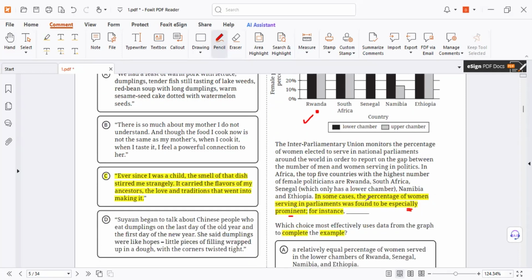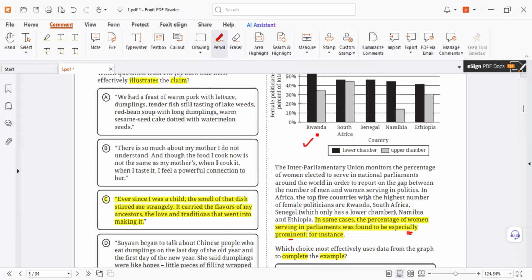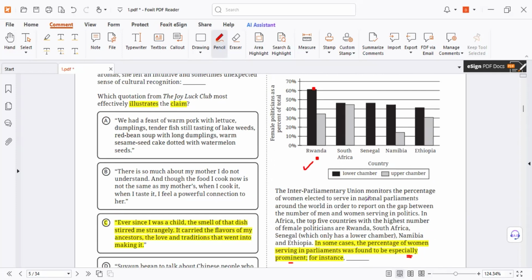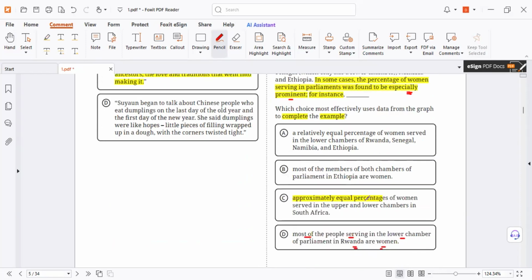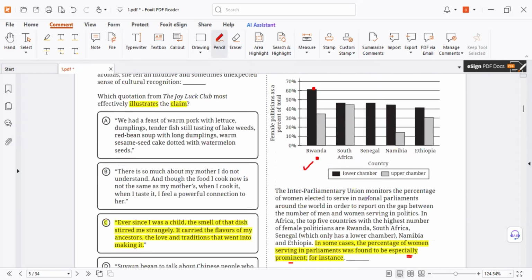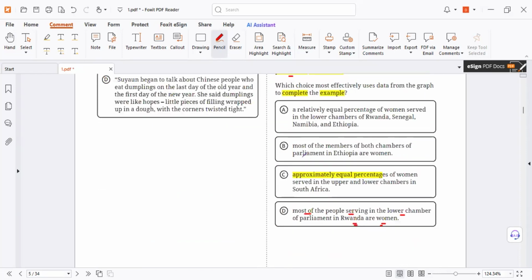So especially here means like the highest number in the graph. Here it's correct, it's higher, but it's not especially prominent because we have the highest. So Rwanda is mentioned, so letter C.